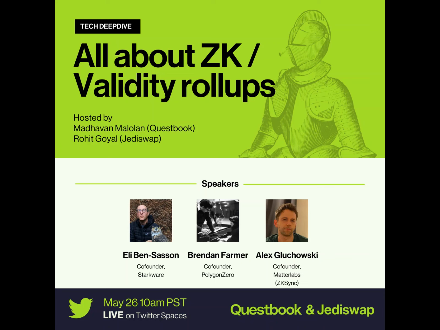I think for Polygon, we can broadly distinguish between rollups that are EVM compatible and rollups that are EVM equivalent. If you want to build a rollup that can support arbitrary contracts, we're effectively building a VM whose operations can be verified with a zero knowledge proof. And so we have two options in doing that.